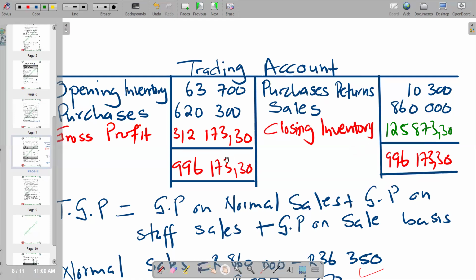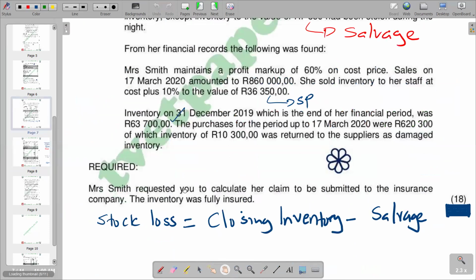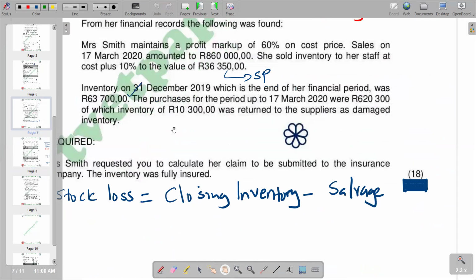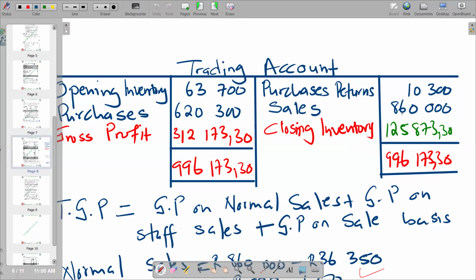So from there, you can now calculate the inventory loss by using this formula that we have here of saying stock loss is equal to closing inventory minus salvage. So we now have our closing inventory, so it's going to be equal to 125,873 rands 30 cents, and then subtract the salvage.